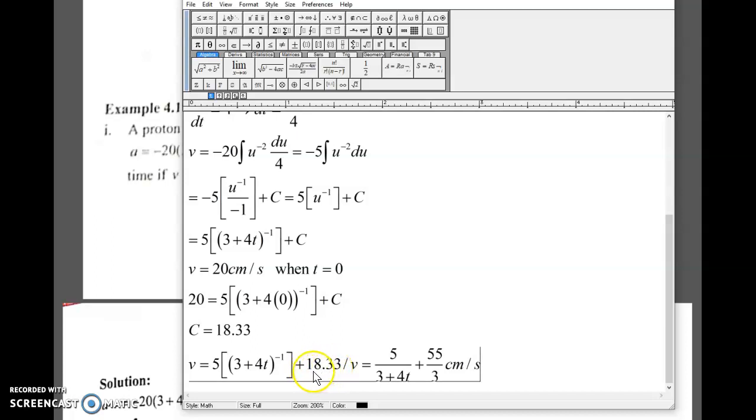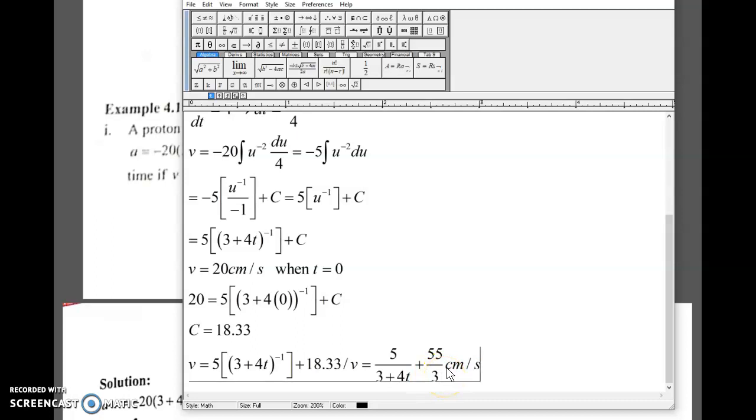However, this is not the precise function, because as you may realize, 18.33 is not all the digits of c. In terms of engineering, it is wise to keep every digit. The easiest way to do that is by converting it into a fraction, which is 55/3.